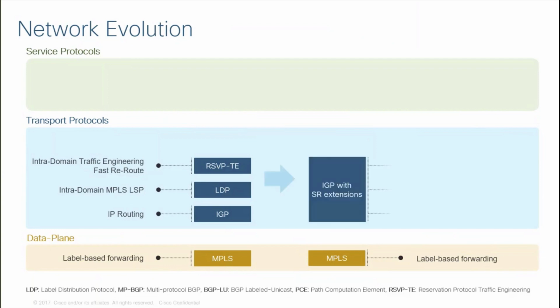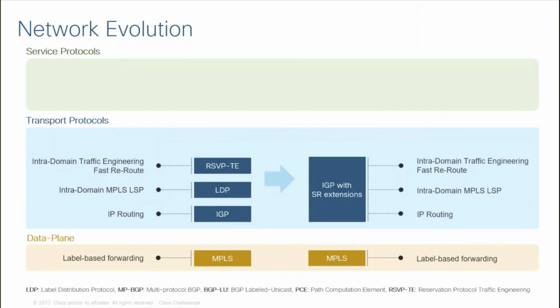If you look at the right-hand side, which is what we're doing with segment routing, we are simplifying all that protocol mix that you saw on the left, and everything is being reduced to an IGP itself. The IGP has been extended, so we call them the SR extensions.